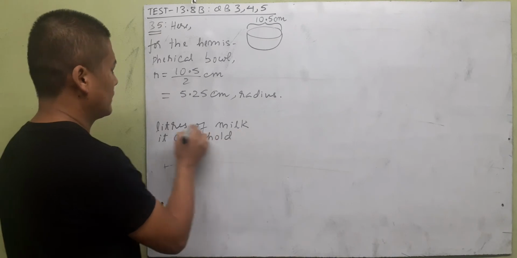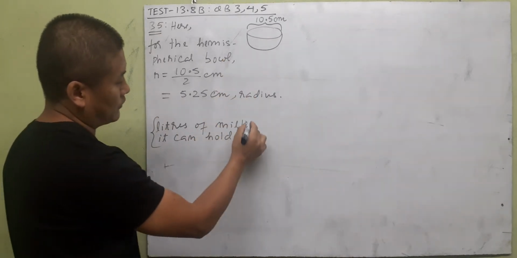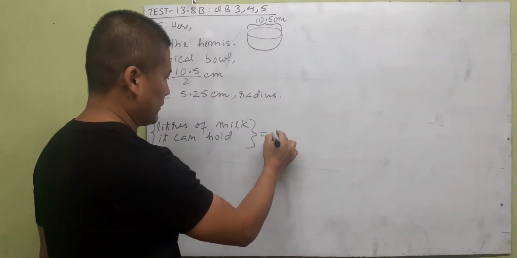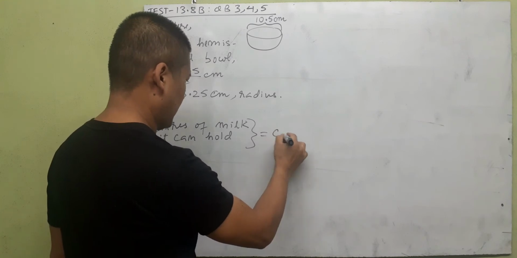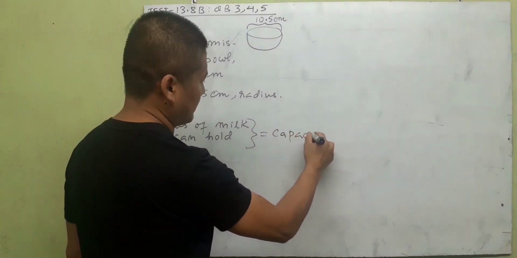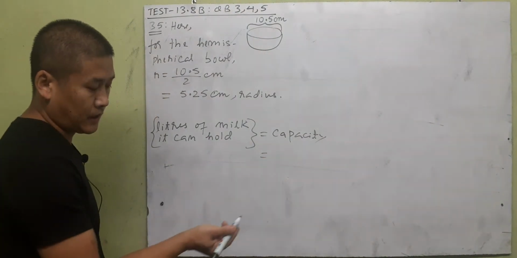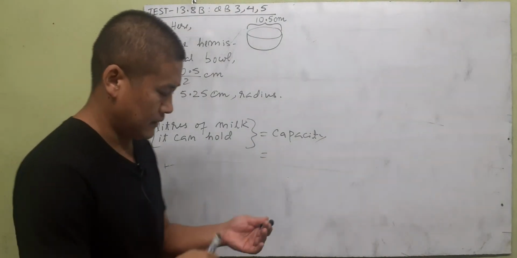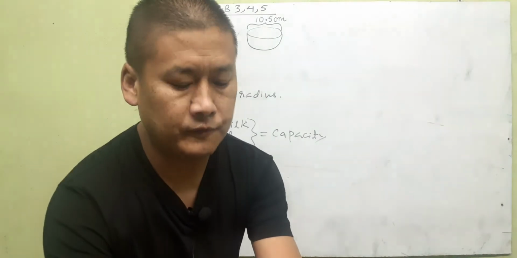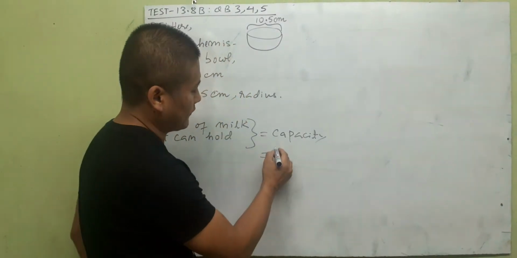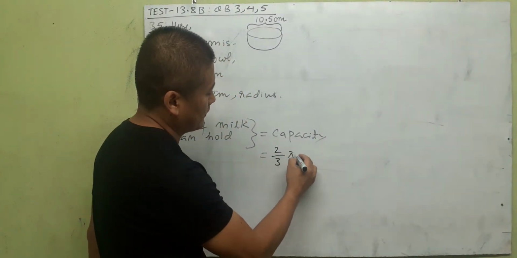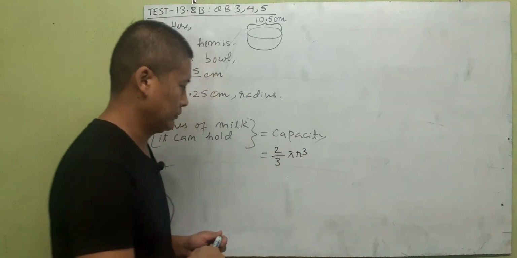That means when it is full up to the brim, that will be equal to the capacity of the ball. Capacity is effectively the same as the volume, right? So let us write down the formula for the volume of a hemisphere: 2 by 3 pi r cube.